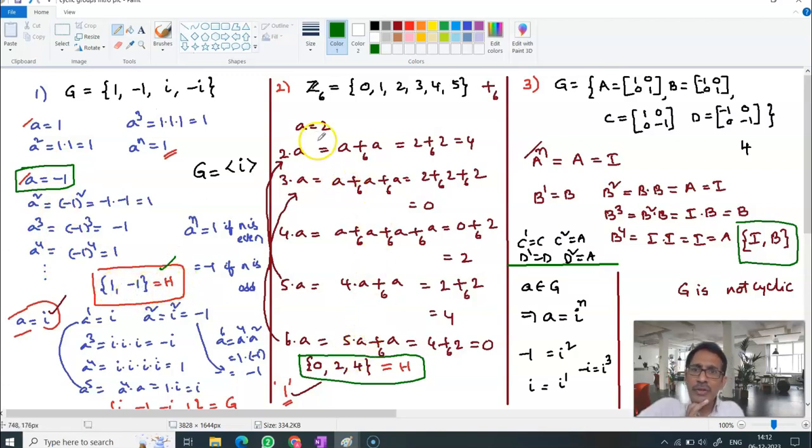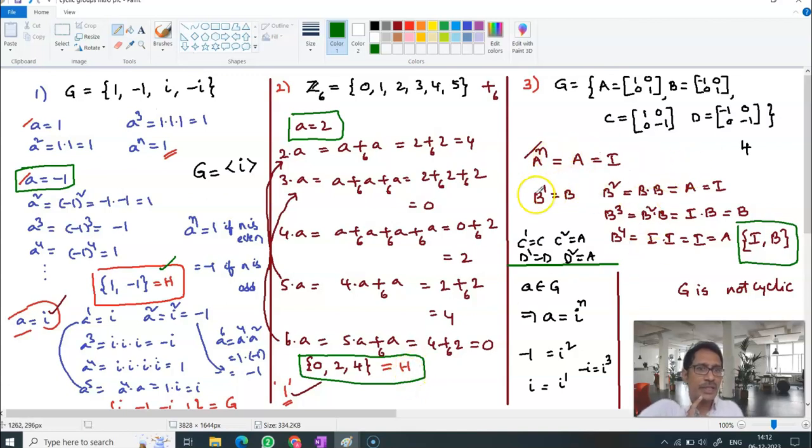Similarly, when you take A equal to 2, then what is H? If you take different multiples of 2, you get 0, 2, 4. This is H.